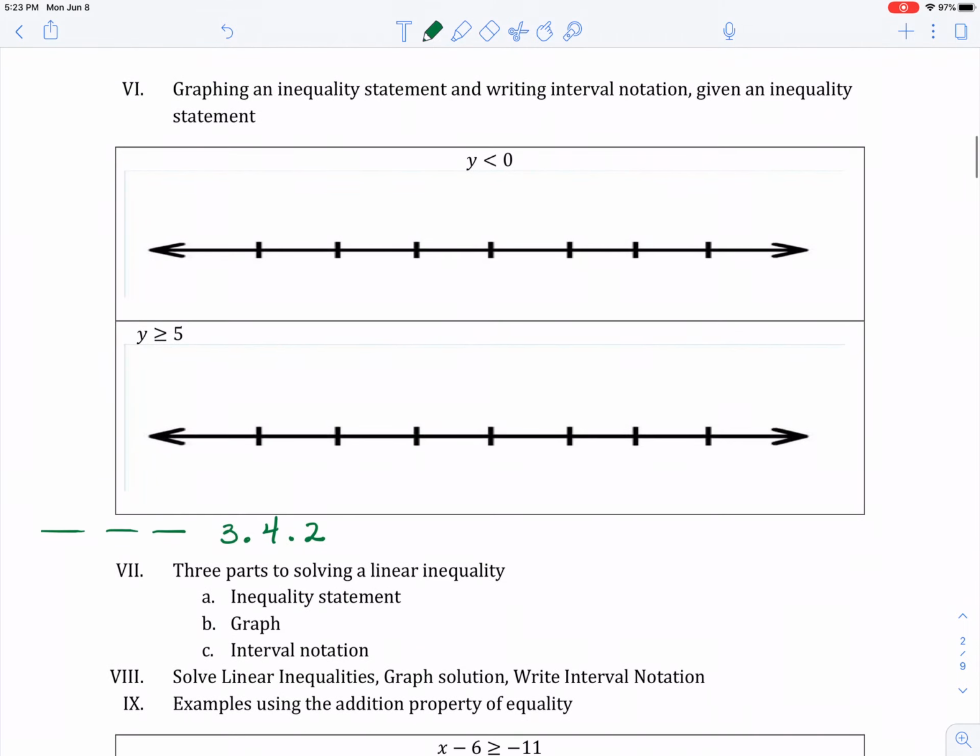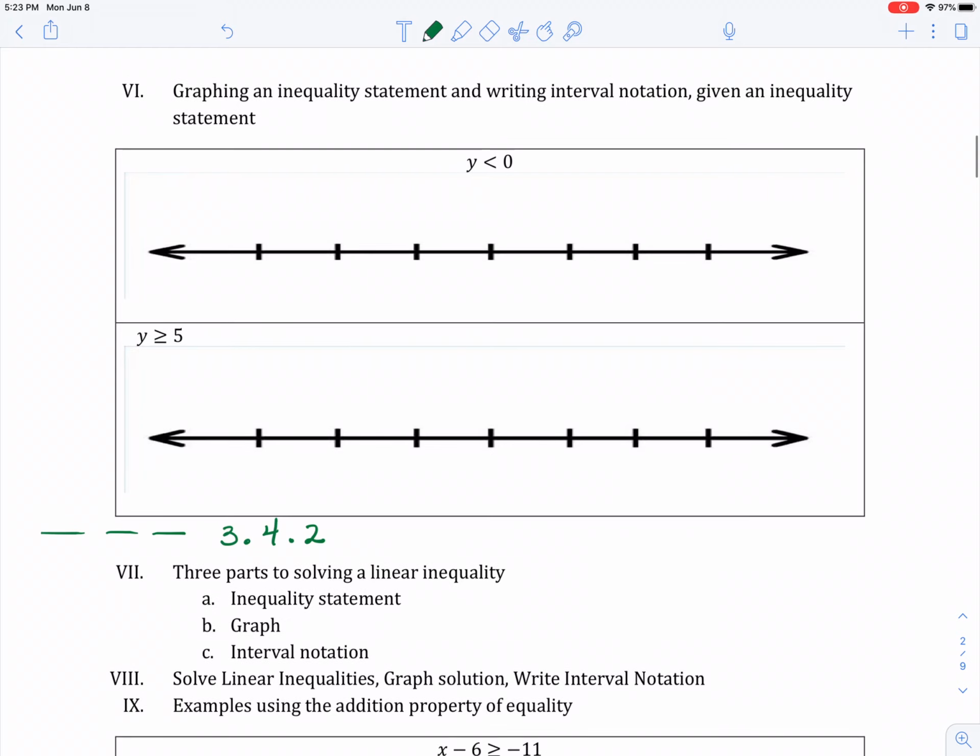All right, so here's some when we look at the inequality notation, and we have to put it into interval notation and write and graph it on the number line. So let me pick a value here, and we'll call this where the location of 0 is. I want to show you all the values that are less than 0, so those are down in this direction. So I'm going down to -infinity. And am I including the 0?